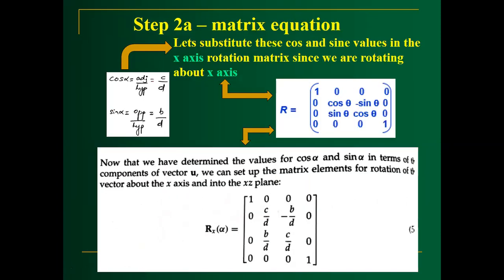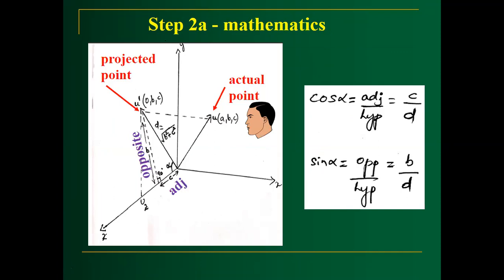Now comes the equations. We got cos alpha and sin alpha as C by D and B by D. Now we should substitute these cos and sin values in the x-axis rotation matrix. Why the x-axis rotation matrix? Because step 2a is rotating via the x-axis.